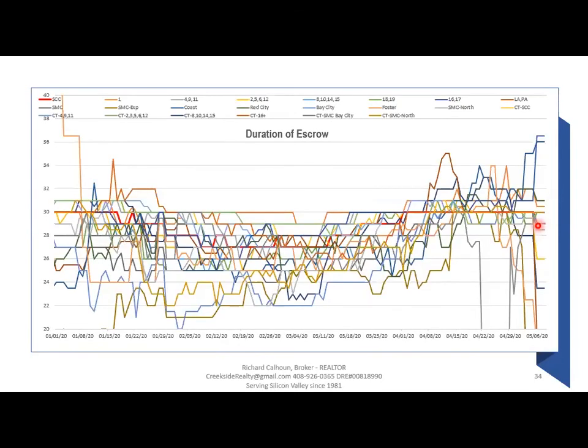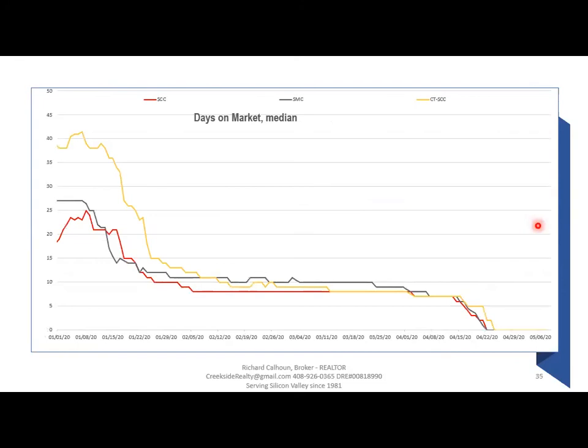Again, the different micro market areas. Days on market. This data point right now is basically completely meaningless. You'll notice that all the slides went down to 0, and the reason is the MLS froze the days on market. So if you're listing a property in shelter in place, you're going to have 0 days on market.